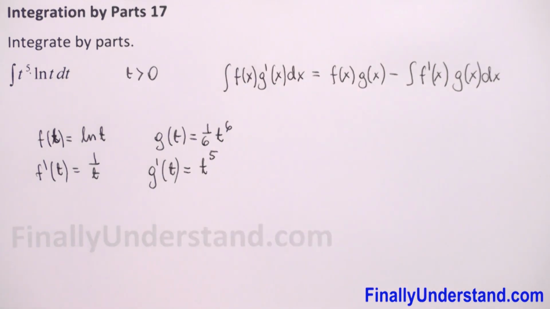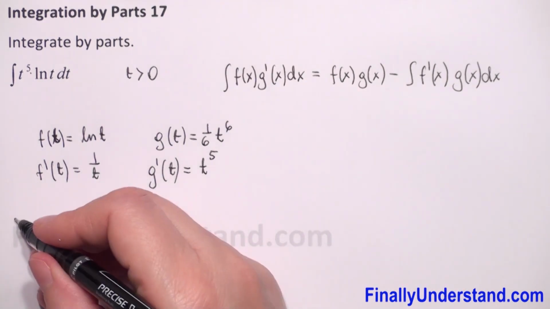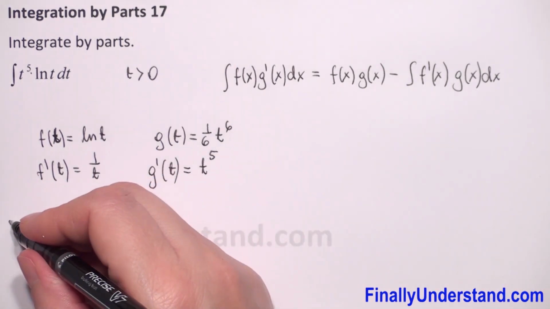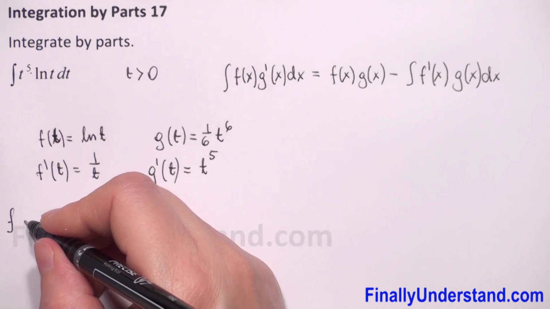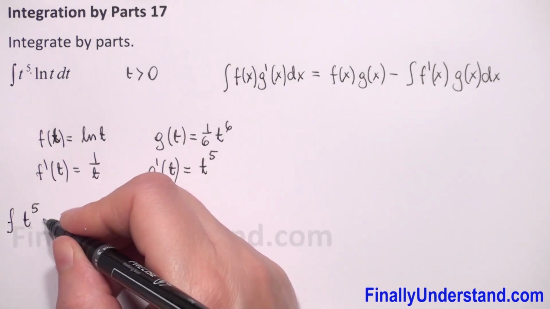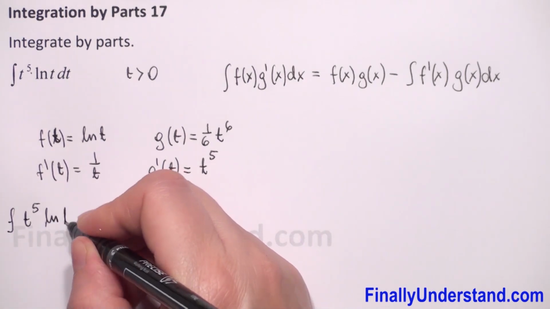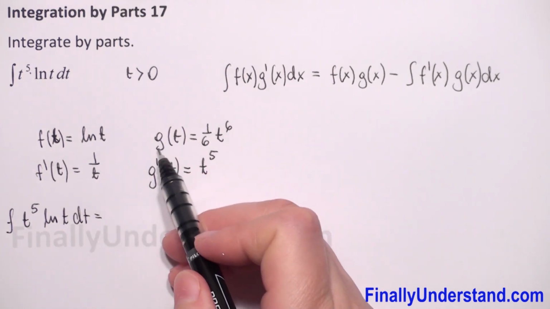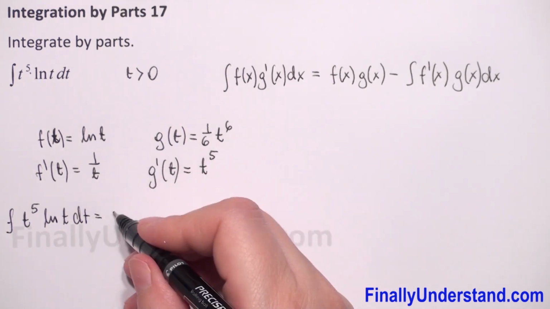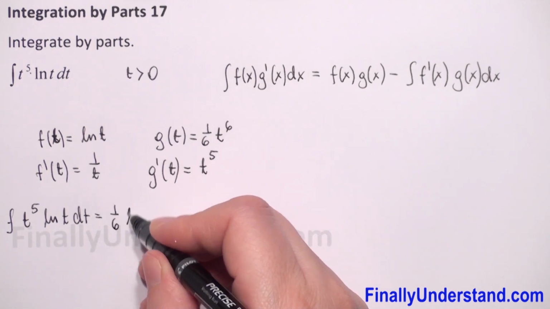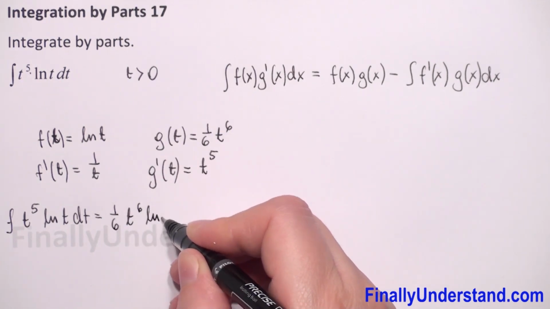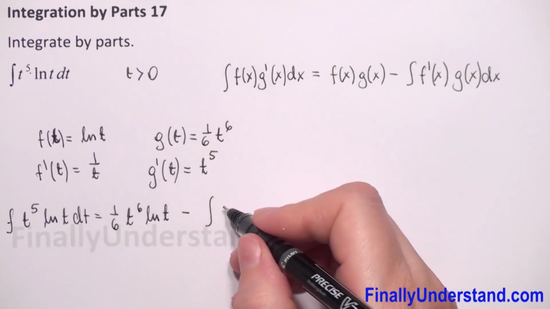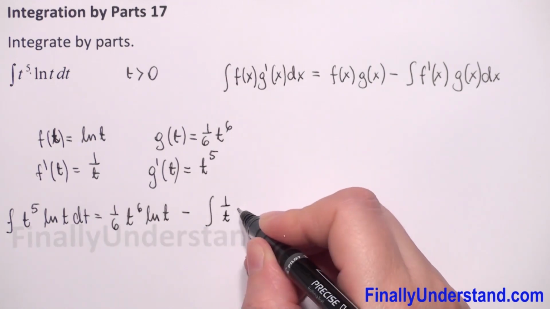So now we have to just substitute into our formula. Our integral of t to the 5th power natural logarithm of t with respect to t is equal to f times g first. So first I will put 1 over 6 t to power 6 natural logarithm of t minus the integral, we have f prime is 1 over t times g.